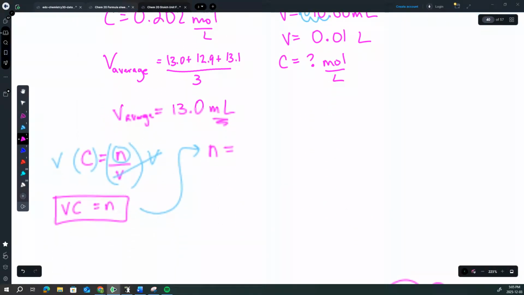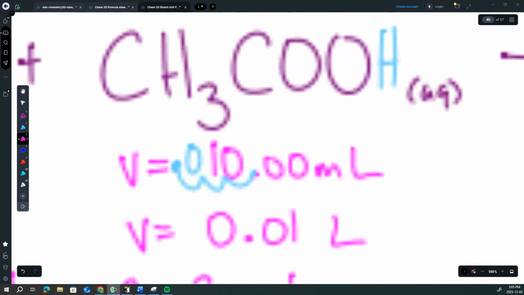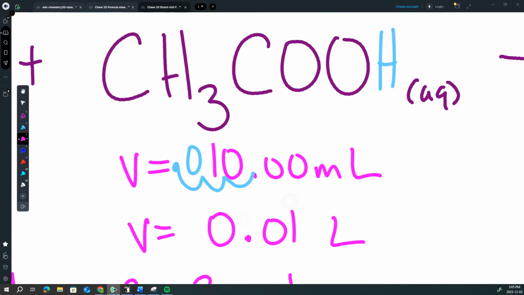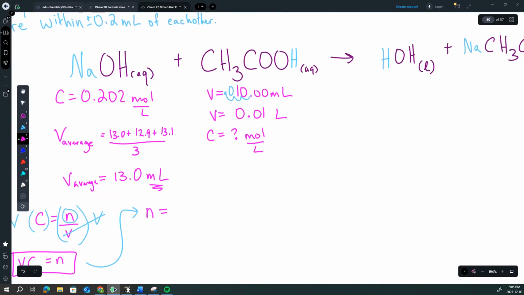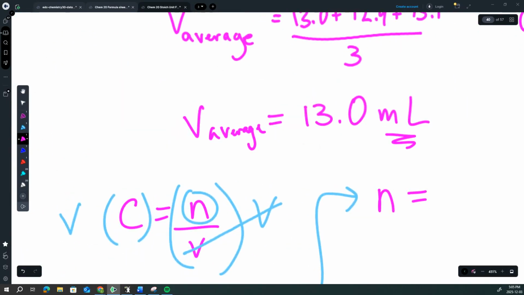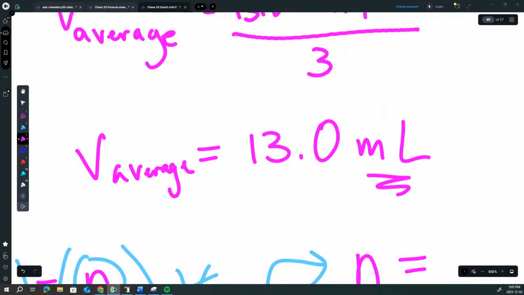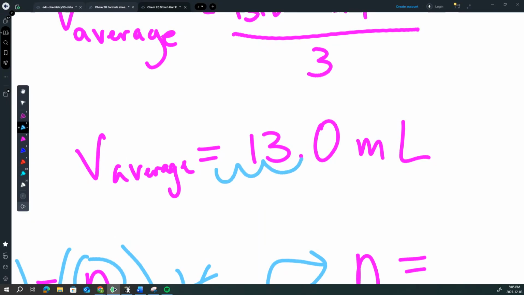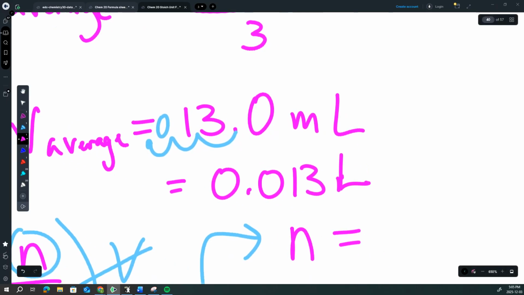So we're going to have to do the same thing that we did over here with the volume of acetic acid, and we need to move the decimal 3 over to the right. So let's get that done before we keep going with our calculation. So 1, 2, 3. There we go. Have to put in another 0. So it's 0.013 liters.